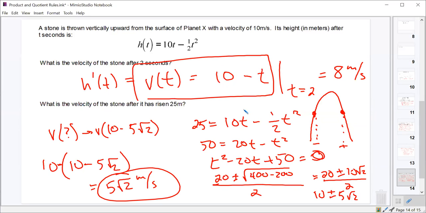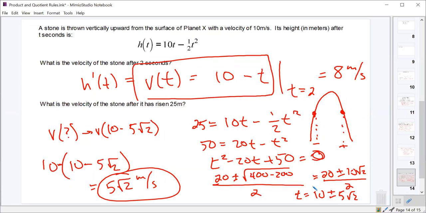So we're looking for the velocity at 10 minus 5 root 2 seconds. Oh, okay. So it's 10 minus that time. Okay, that's time. Oh, I see. Right, that makes more sense. These were our t values at which the particle, or not particle, stone was at 25 meters. That makes sense. Okay, cool.